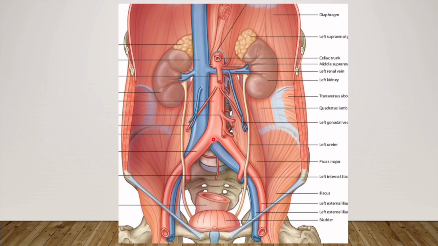aorta will bifurcate, okay, into common iliac arteries, because these are the iliac fossa, so they are called common iliac arteries. Then at the level of the pelvic brim, it will further divide into internal iliac artery, which becomes the major artery of the true pelvis, and an external iliac artery, which is medial to the psoas and the iliacus.